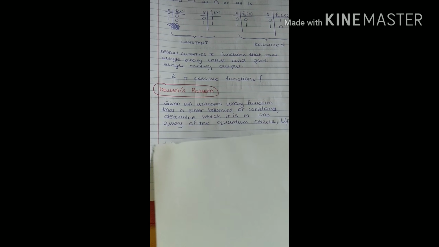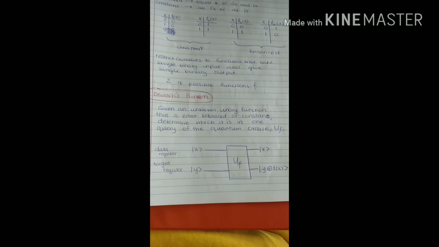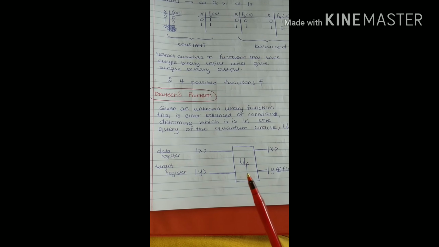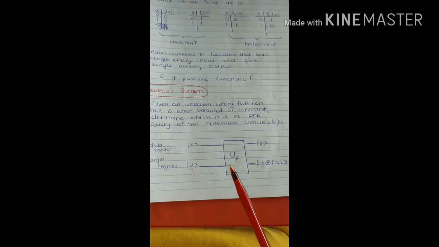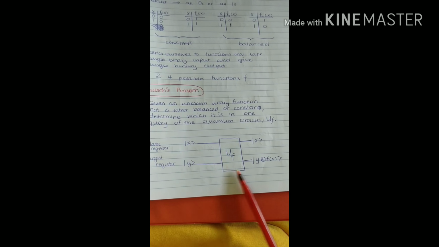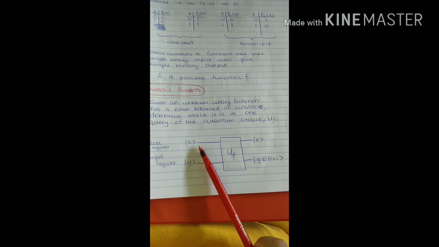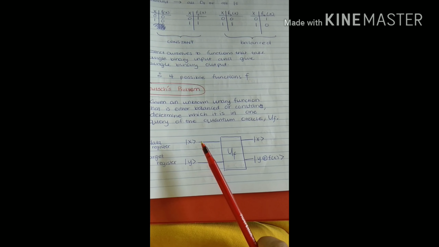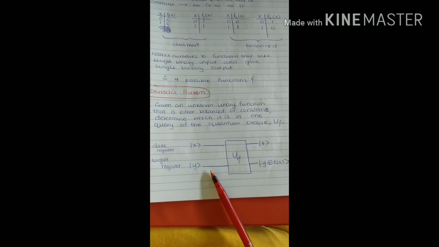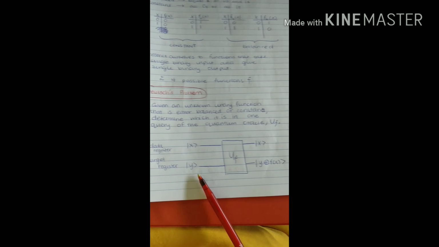Here's an example of a quantum oracle U of f, and basically it is a black box. You don't know anything about how it's working or the underlying circuitry, but you do know that this is the output. This top wire is called the data register, and this bottom wire is called the target register.